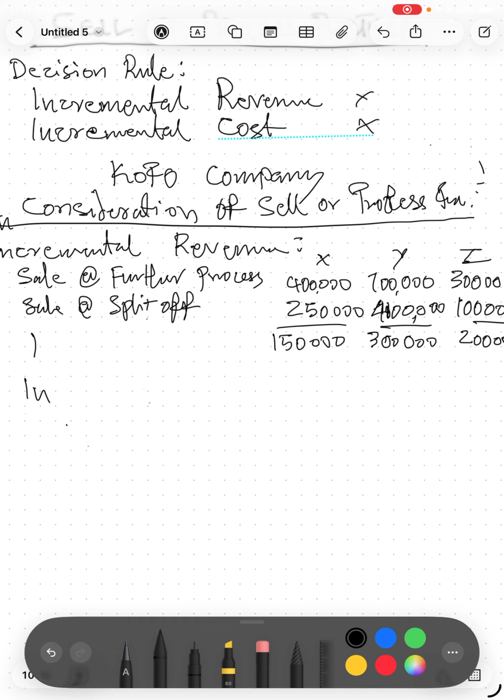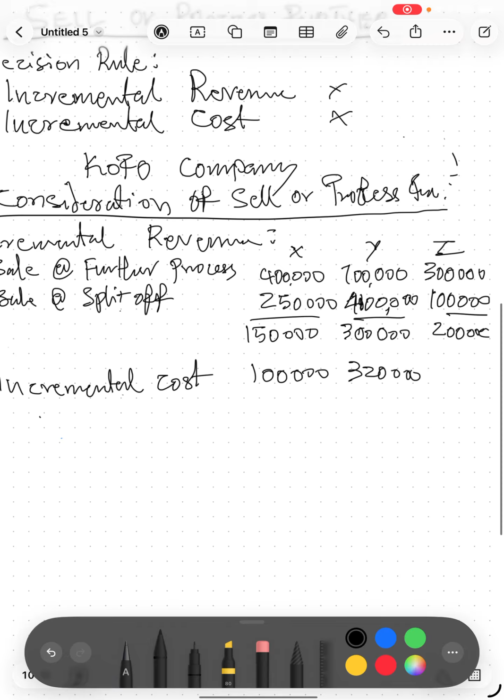Then we look at our incremental cost. We are told 100,000 will be incurred to process further here, 320, and 130.